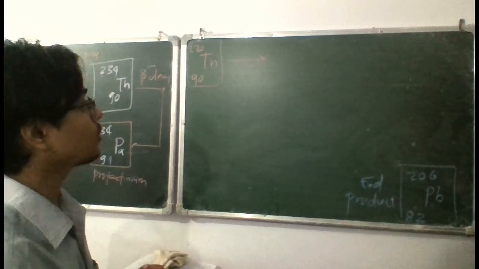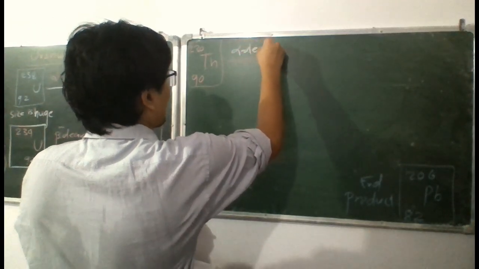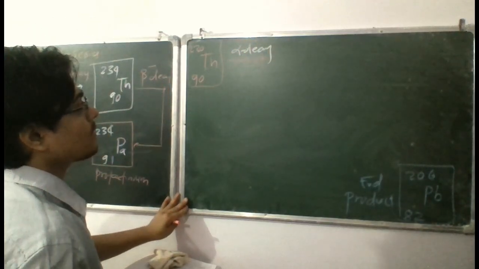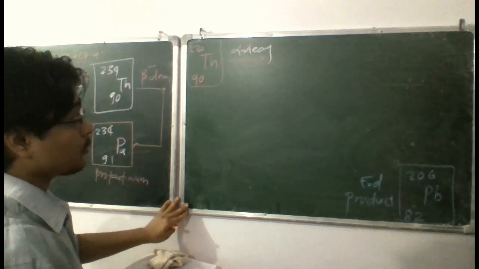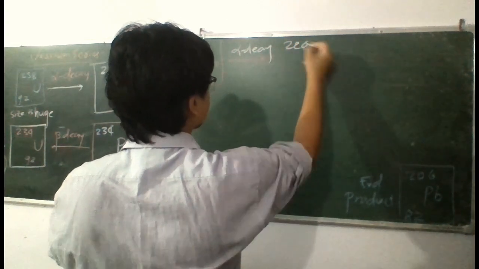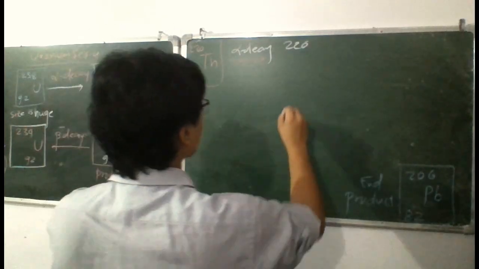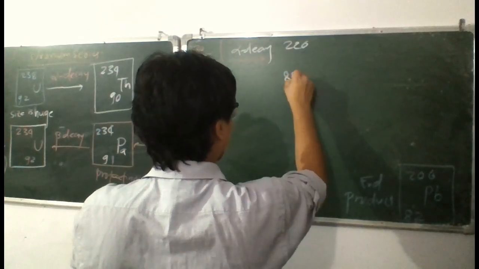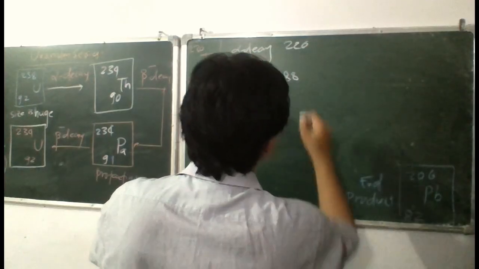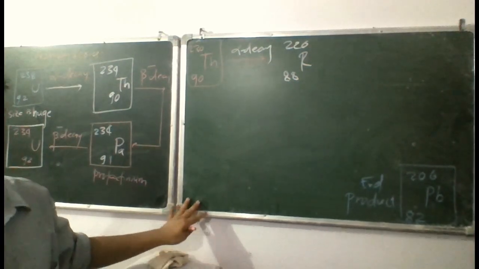Now this thorium would likely do an alpha decay, which would result in 226, and the number of protons would decrease to 88, and this is radium.